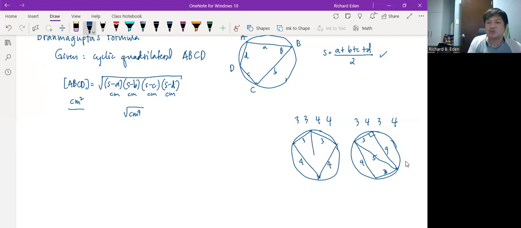But I chose these particular lengths para mas makita natin why do they have the same area. Okay, kasi both of these two quadrilaterals are made up of two different 3, 4, 5 triangles. So this 3, 4, 5 triangle has the same area as this 3, 4, 5 triangle, and then this 3, 4, 5 triangle has the same area as this 3, 4, 5 triangle.